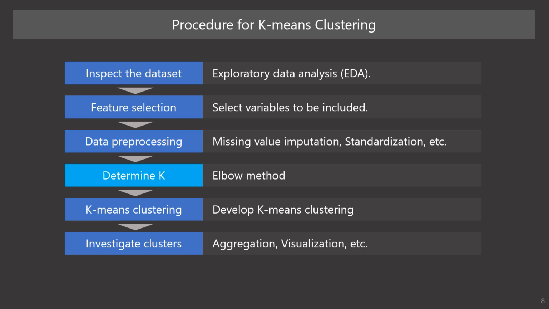As the fourth step, we determine the k-value using the elbow method. Next, we apply k-means clustering and assign clusters to each observation. Finally, we investigate clustering by aggregation, visualization, and so on.